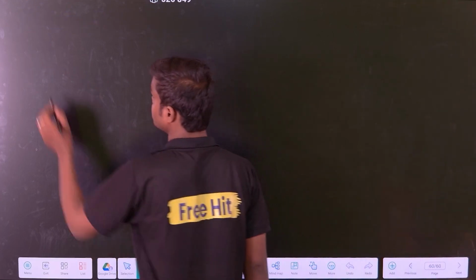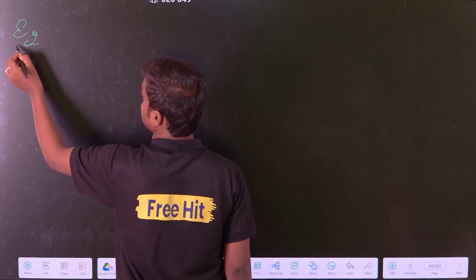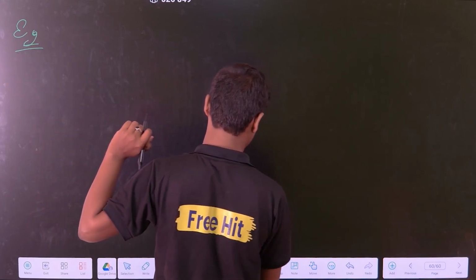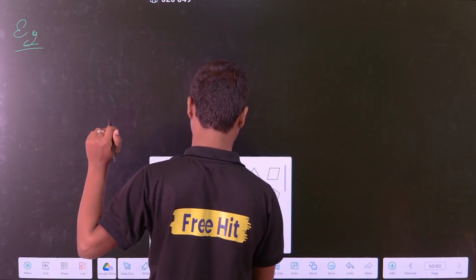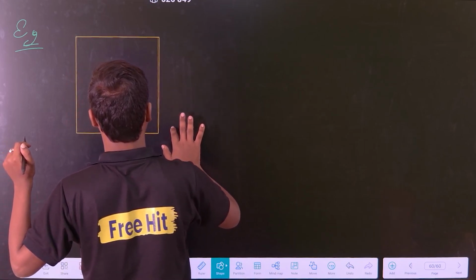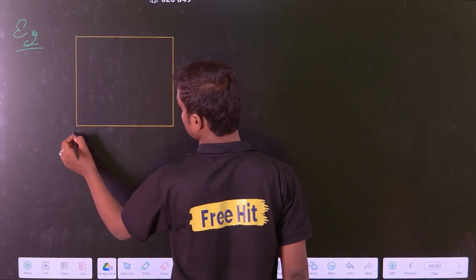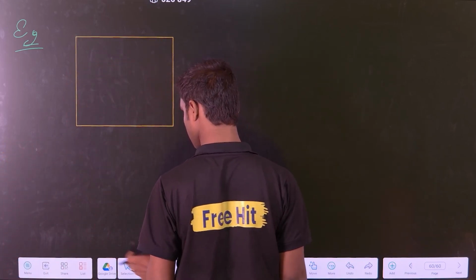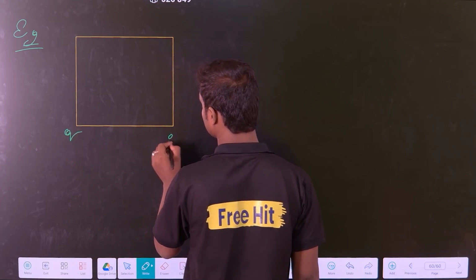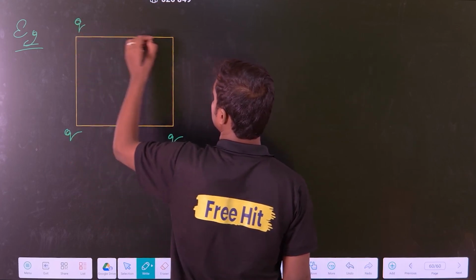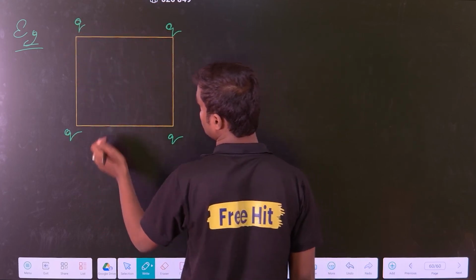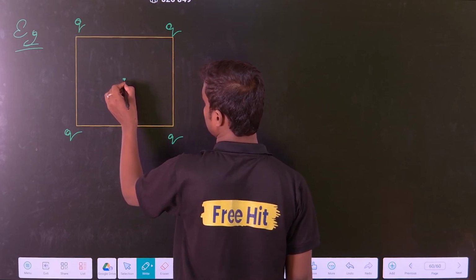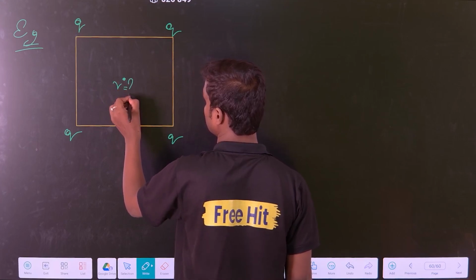If you remember, we solved one question earlier. There is a charge Q, another charge Q, another charge Q, and another charge Q. Find the potential at this point.